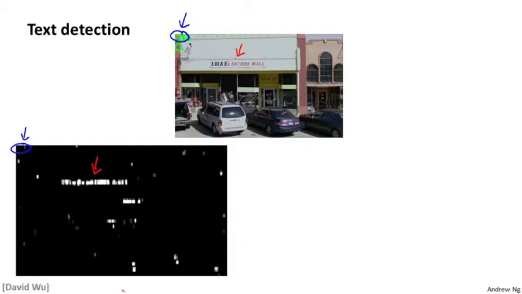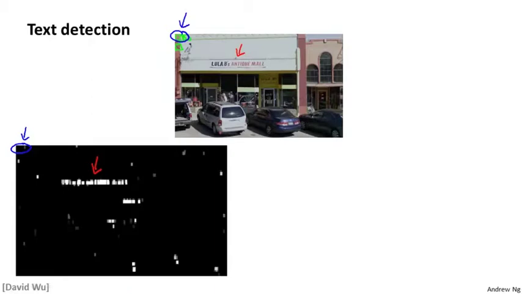What I've done on this image on the lower left is actually use white to show where the classifier thinks it has found text, and the different shades of gray correspond to the probability output by the classifier. So lighter shades of gray correspond to where it thinks it might have found text, but with lower confidence, and the bright white corresponds to where the classifier output a very high estimated probability of there being text in that location.